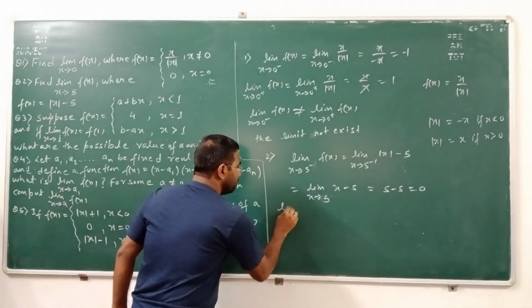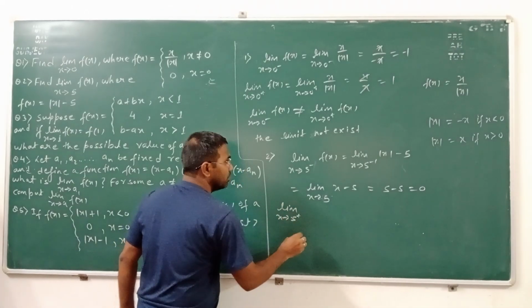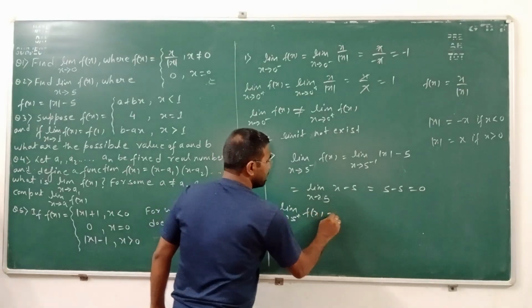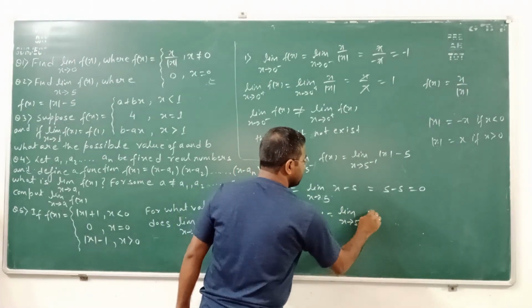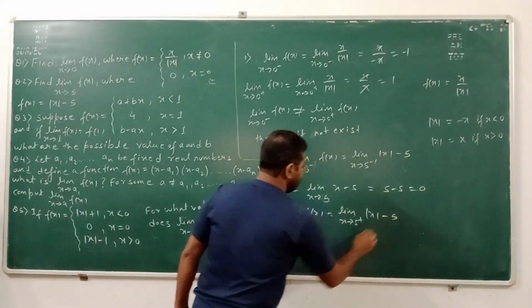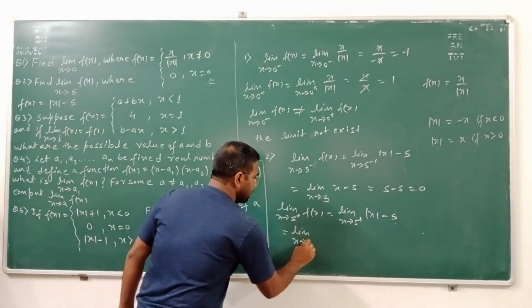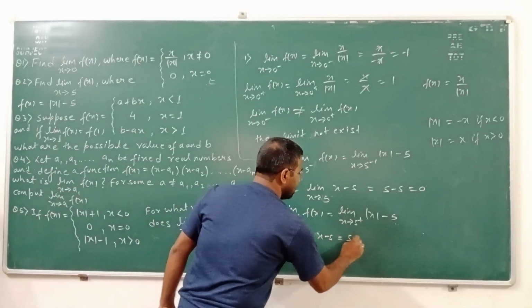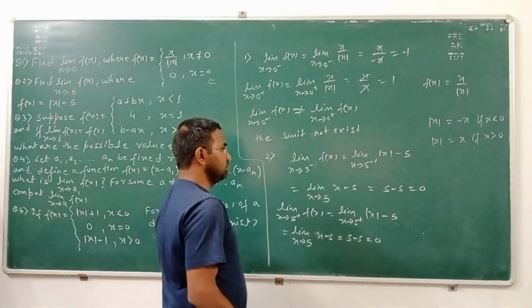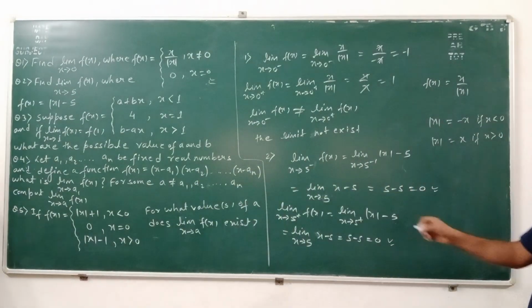Now for the positive value also, find limit x tends to 5 positive f(x), which is equal to limit x tends to 5 positive mod of x minus 5, then limit x tends to 5 x minus 5, then 5 minus 5 is equal to 0. So you can see in this also 0 is coming, in this also 0 is coming.